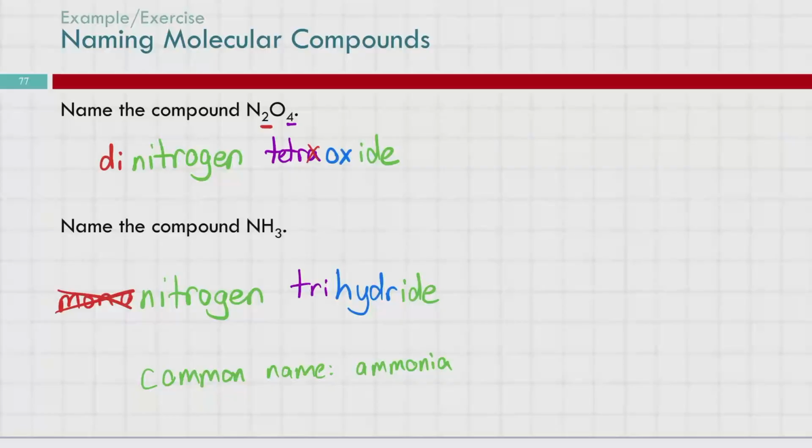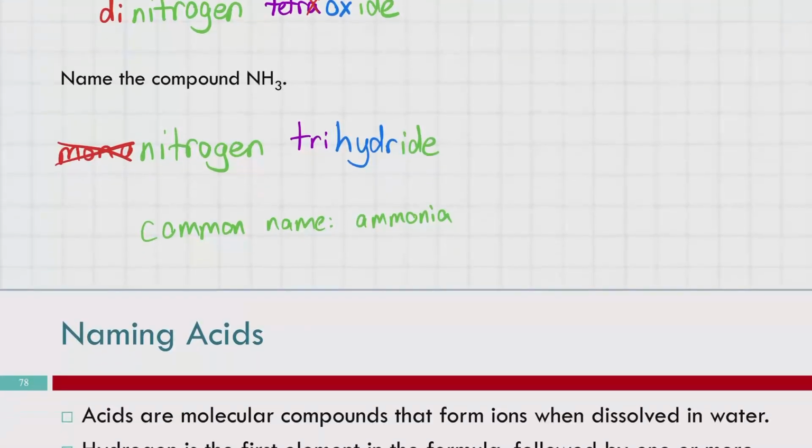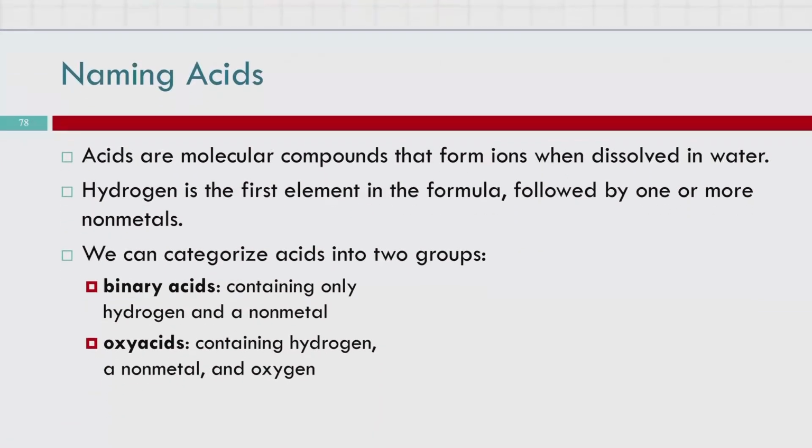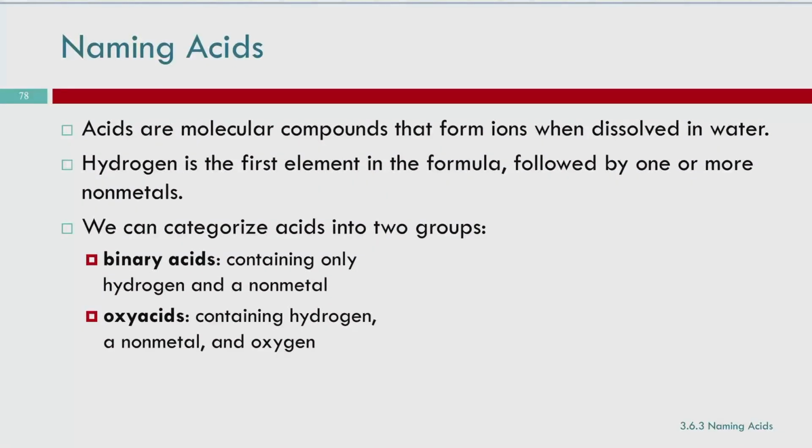Any questions about molecular compounds? It's a little bit simpler than our ionic compounds, one could say. Then we've got acids. Acids are also molecular compounds, but they're a different category of them. These form ions when you dissolve them in water.